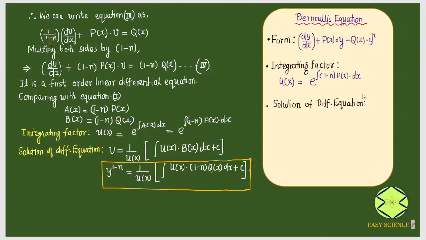The solution is given by y raised to 1 minus n equals 1 over the integrating factor u of x, times integration of u of x times 1 minus n times q of x, the function on the right hand side, dx plus c.